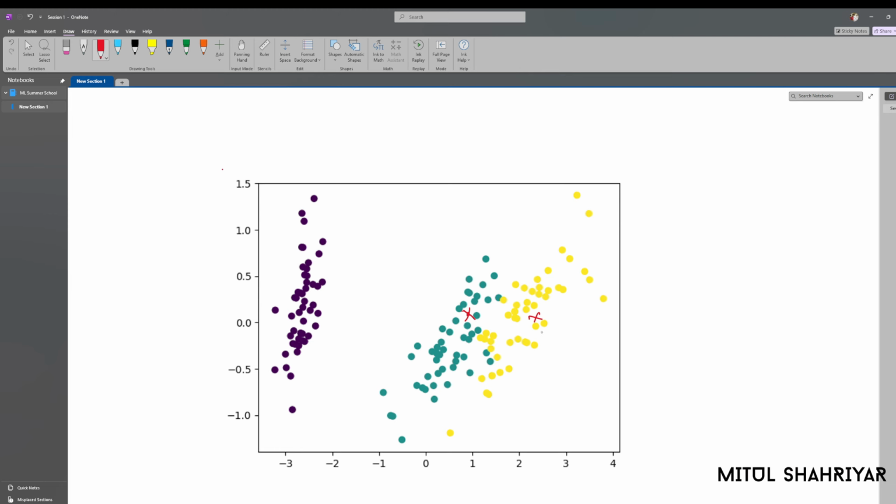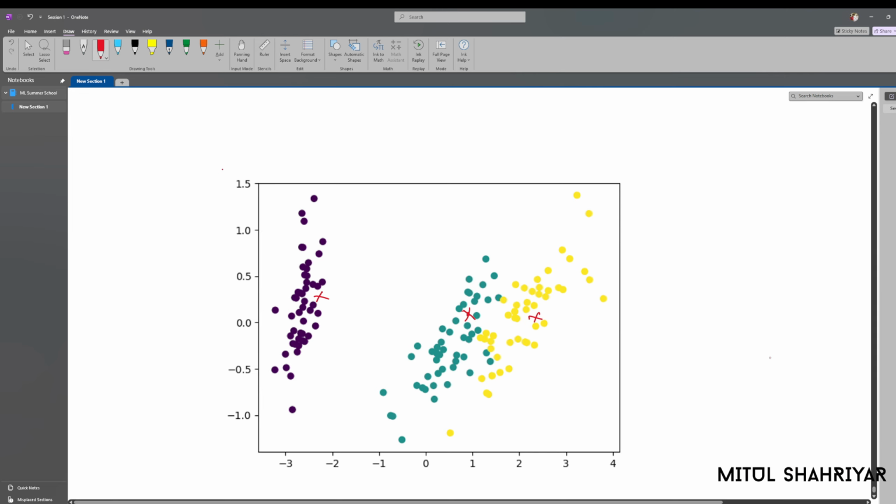A point here can be Virginica. A point here may be a setosa flower. That is the beauty of our linear algebra.